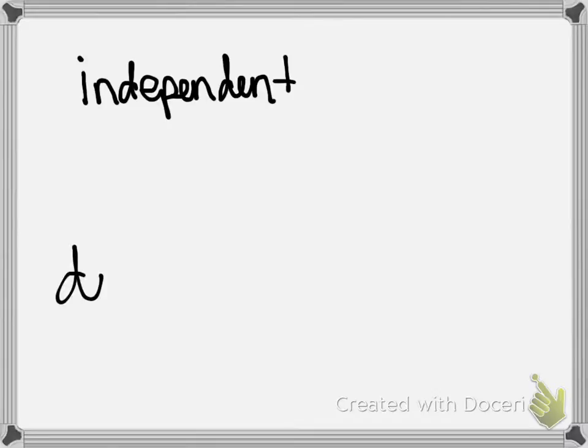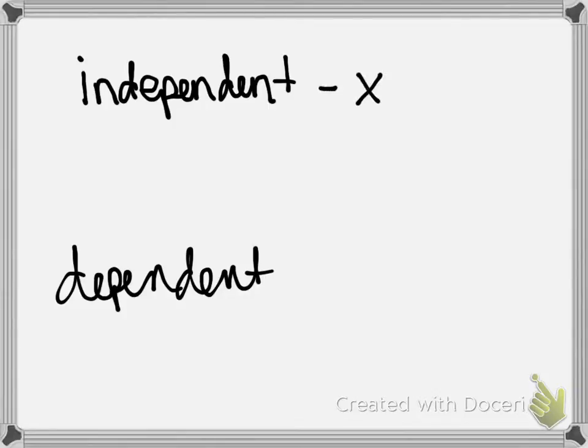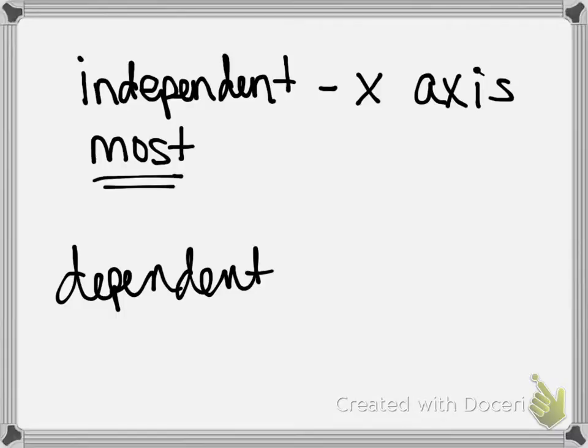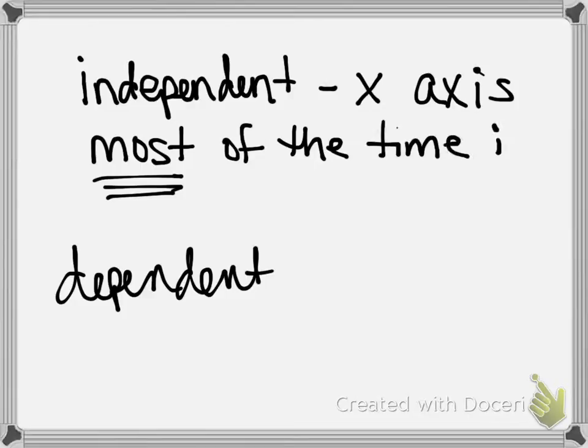And another thing to always remember are your variables. So you have an independent variable and you have a dependent variable. So the independent variable is always on the x-axis. And it's most of the time your time variable.